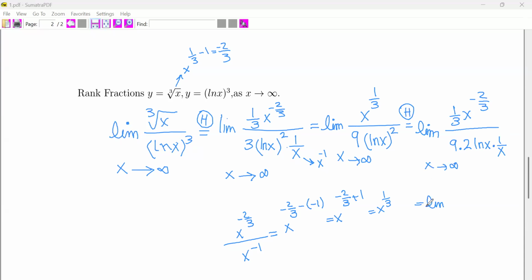So it will be the limit of 1 over 3 divided by 18. So it means 18 times 3, which is 54.